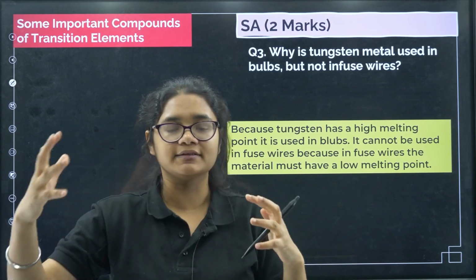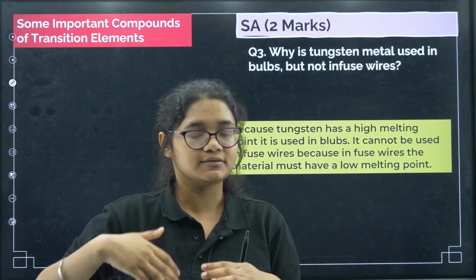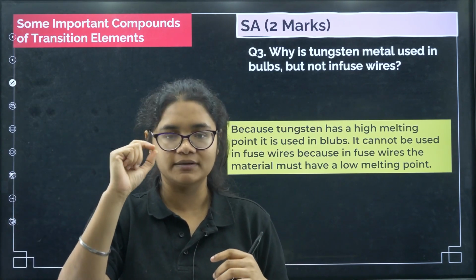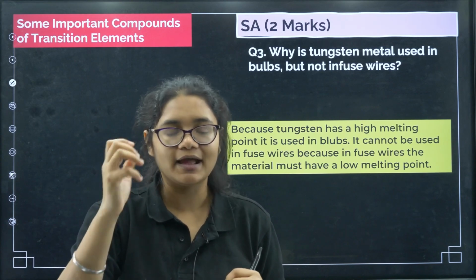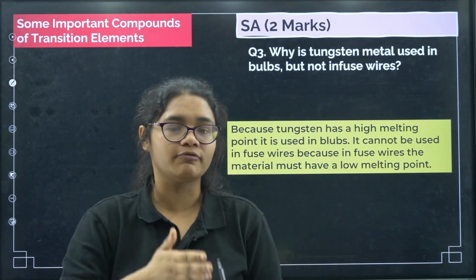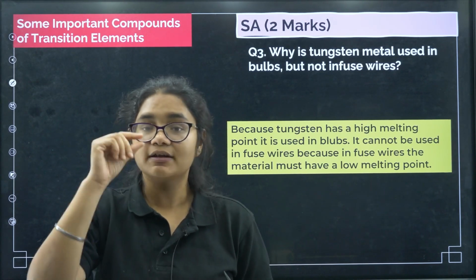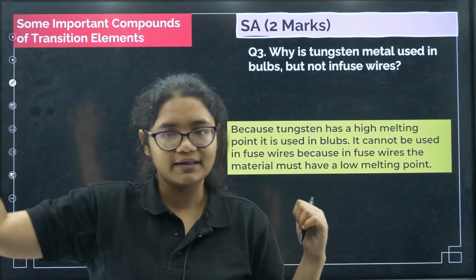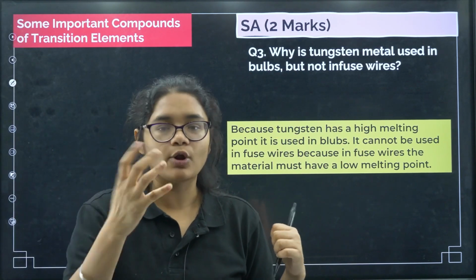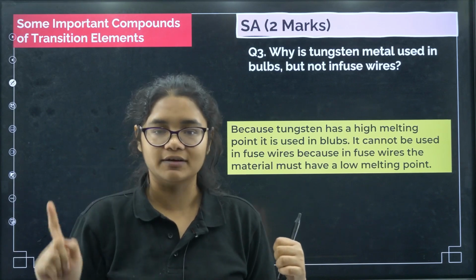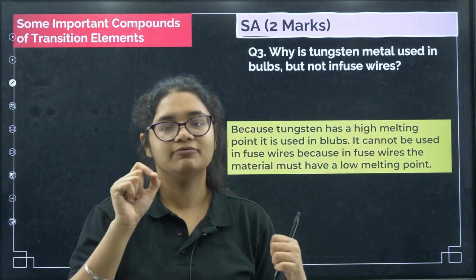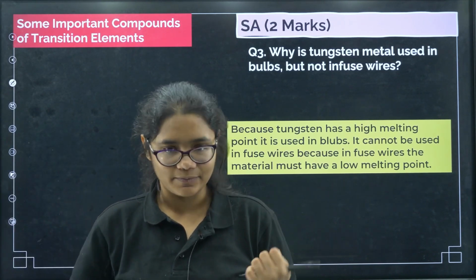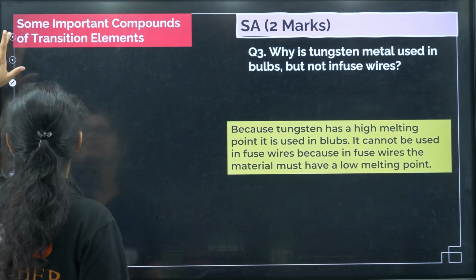When some accident is happening, the fuse wire should immediately melt, the circuit should be broken and the flow of electricity has to be stopped. But if the fuse wire is made of a metal with a very high melting point, then even though some accident is happening, it will not melt. If that will not melt, the circuit will be there and the electricity will keep flowing and we cannot stop the accident. So that is the difference.